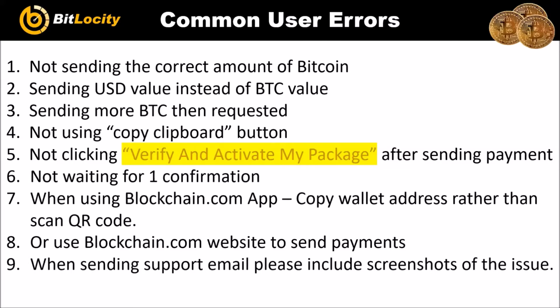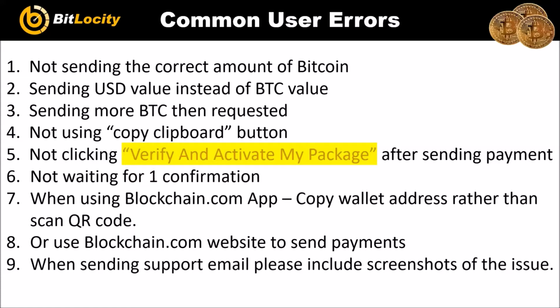Also, the other thing is, and we're going to discuss this some more in just a moment, when sending support emails, you want to make sure you include screenshots of the issues, and as much information as you can send, the better. There are two main categories, the two biggest issues that people are having.